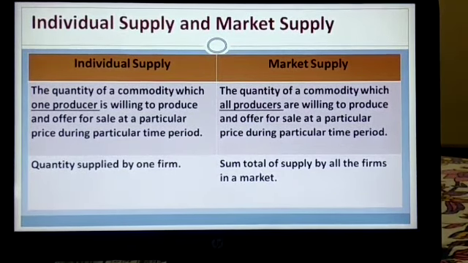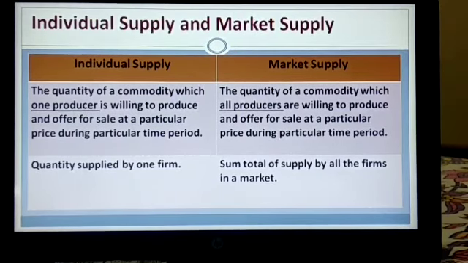Individual supply is the supply by only one producer or one firm, and market supply is the supply by all producers or all the firms. That is why market supply is also called industry supply. Individual supply is one firm, market supply is all the firms. This is why market supply, being a group of firms, is also called industry supply.